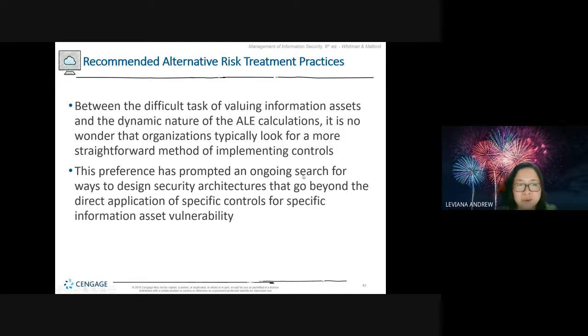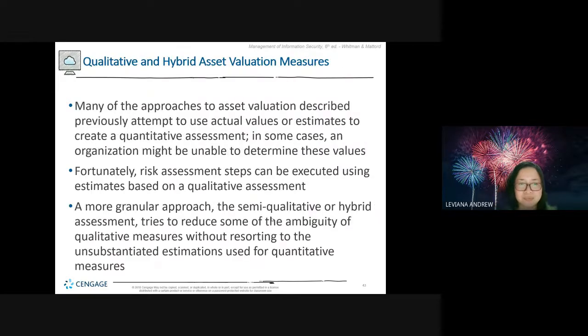Organizations typically look for more straightforward methods for implementing controls. This preference has prompted an ongoing search for ways to design security architectures that go beyond the direct application of specific controls for specific information asset vulnerabilities.